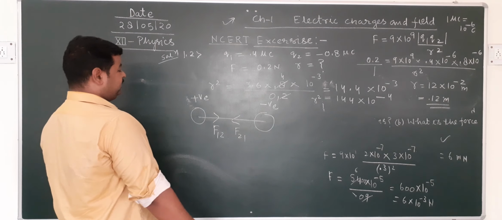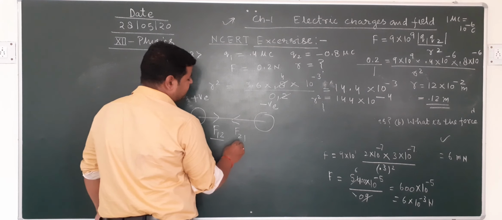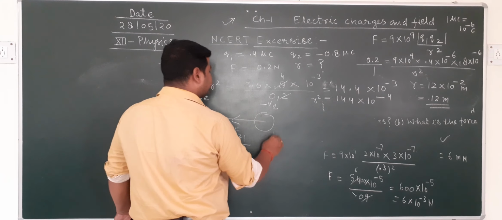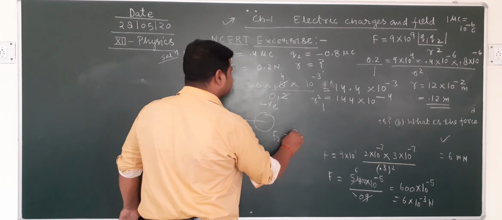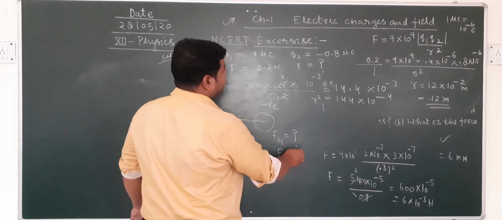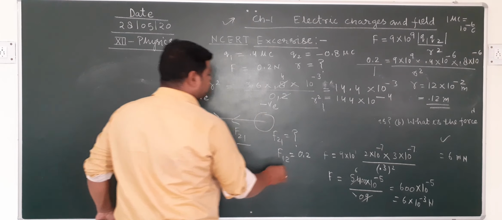Clear? We have already studied the relation between F12 and F21. So here we find out F21 is equal to question mark and F12 is given, F12 is 0.2 Newton. Clear?